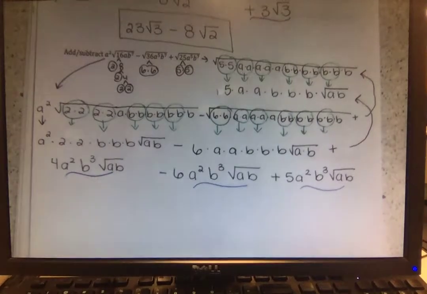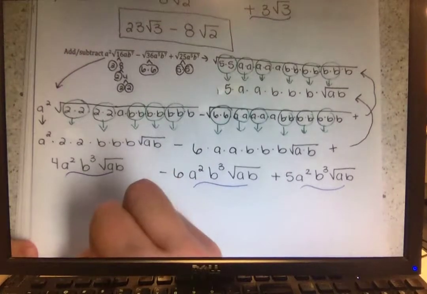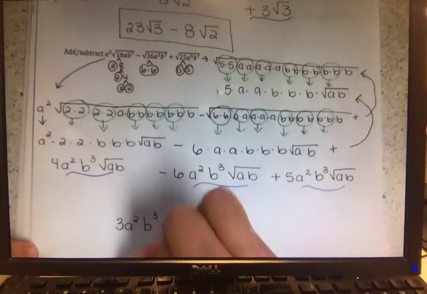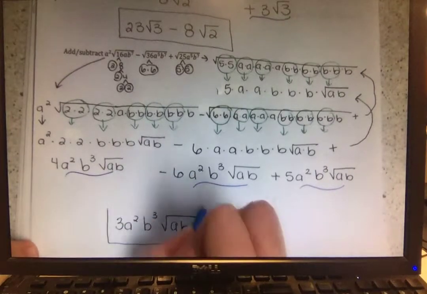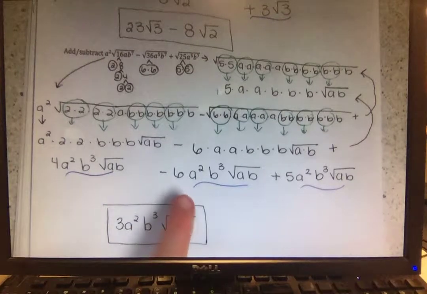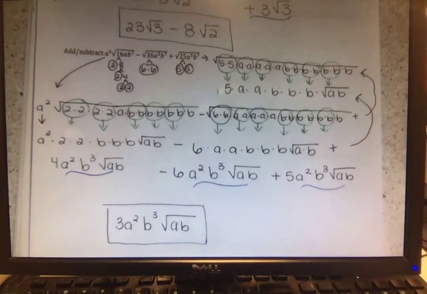So if we have 4 of these things, minus 6 plus 5, that will leave us with 3a squared b cubed square root of ab as our final answer. 4 minus 6 is negative 2, plus 5 will give us that 3. And the a squared b cubed square root of ab stays the same.